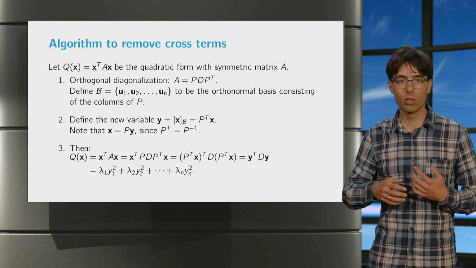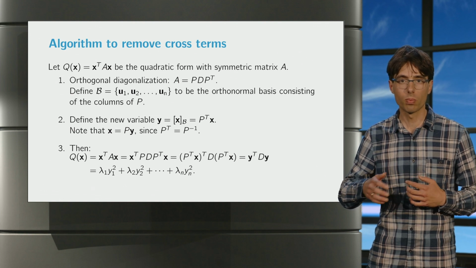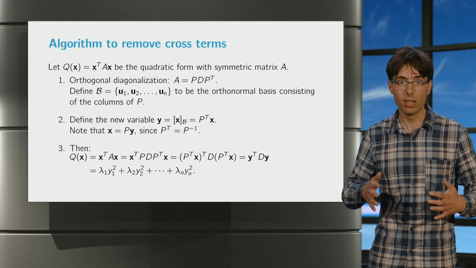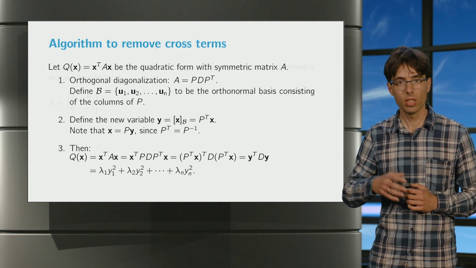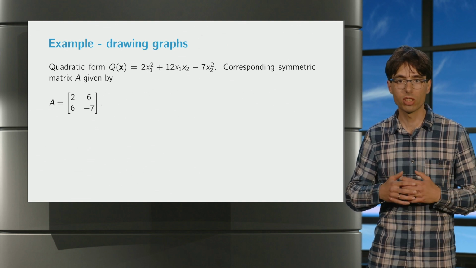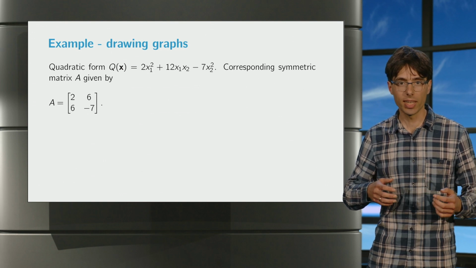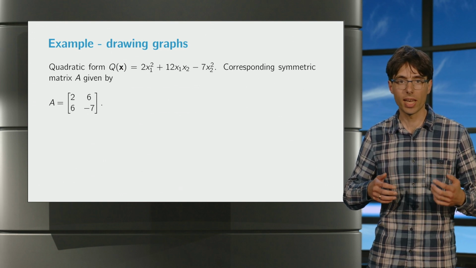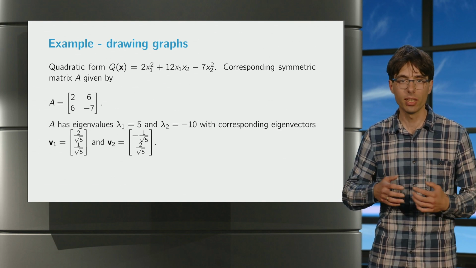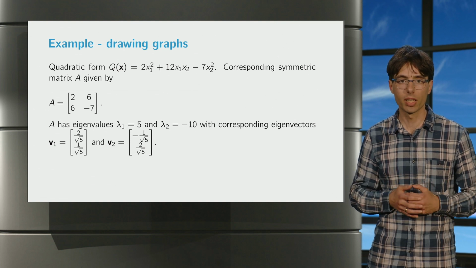Since D is diagonal with the eigenvalues of A as diagonal entries, we can work out y transpose Dy and find the quadratic form without cross terms. So let's consider the example from before and let's see how we can use the principal axis theorem to draw the graph. From the quadratic form we can directly determine the corresponding matrix A. This matrix has eigenvalues 5 and minus 10 and we find a corresponding orthonormal basis of eigenvectors.